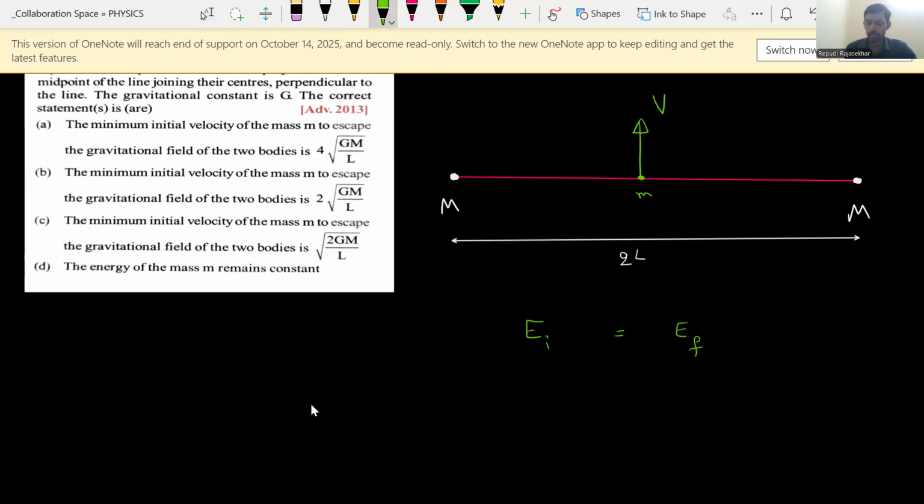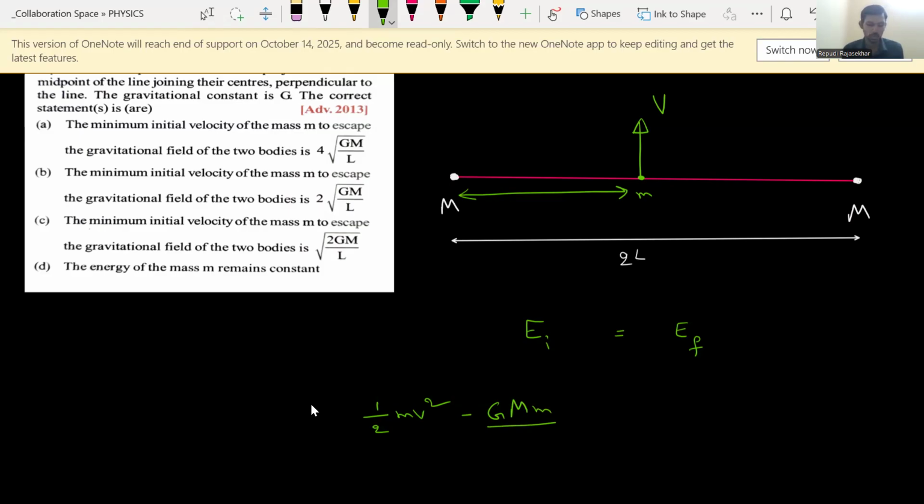What is the initial energy of this particle? We are giving some velocity, that means we are giving kinetic energy also. So the particle has kinetic energy, half mv square. And what is the potential energy between these particles? The potential energy we can write as minus G M into small m divided by the distance between these two.